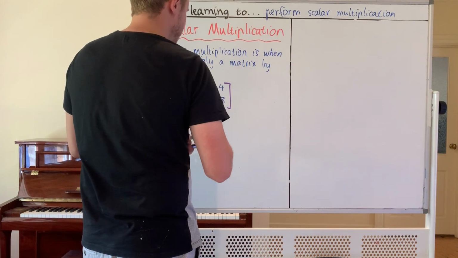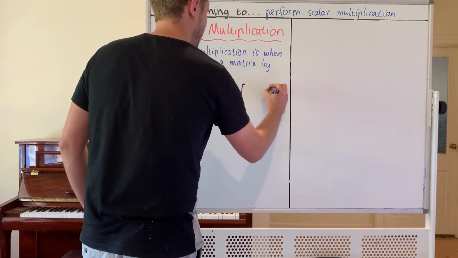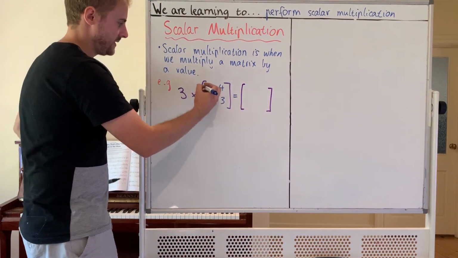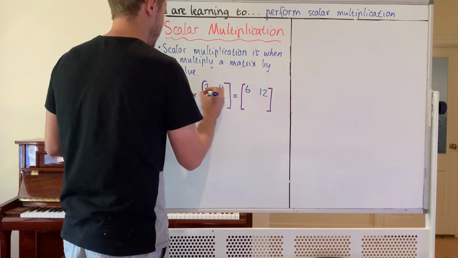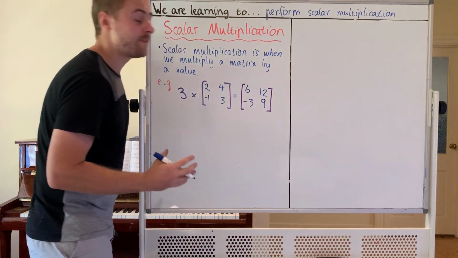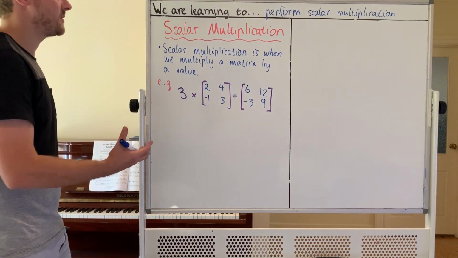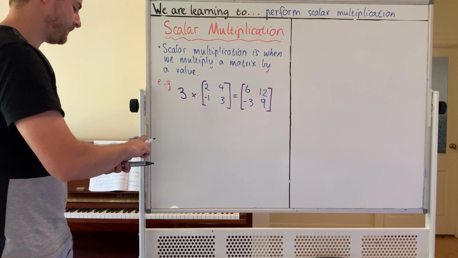So our final answer is 3 times 2 being 6, 3 times 4 being 12, 3 times -1 being -3, 3 times 3 being 9. And that's our answer. So scalar multiplication is just where we multiply any matrix by a value.